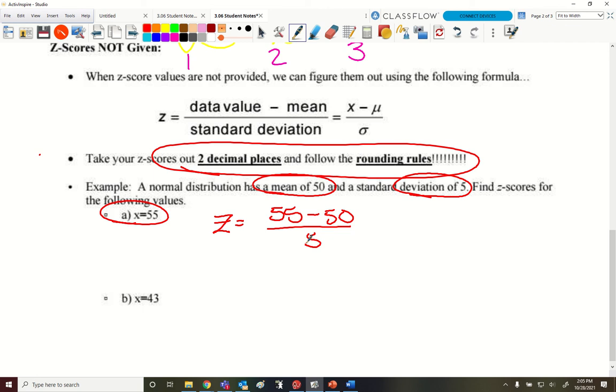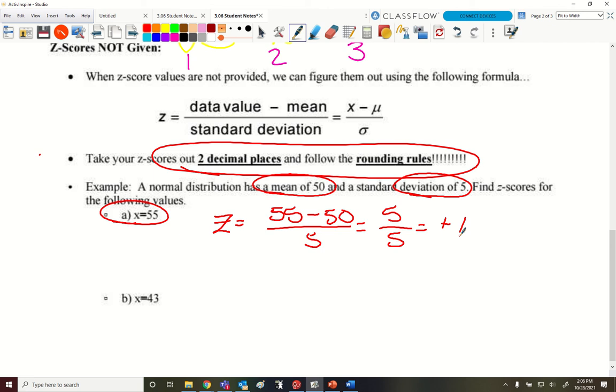So 55 minus 50 gives me positive 1. I put a plus sign there because all my standard deviations are either to the right, which are positive, or to the left, which are negative. I like putting a plus sign so I always know that's 1 standard deviation to the right. Is that it? Yeah, that's it.